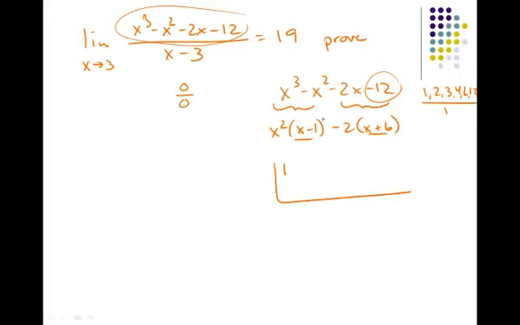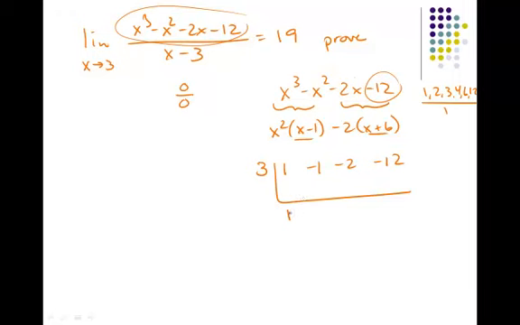I'm going to use my coefficients. Excuse me, back up here. I'm going to use my coefficients 1, -1, -2, -12, making sure I'm not skipping any powers, and try 1, 2, 3. I'm going to skip right to the fact that 3 will factor for us.